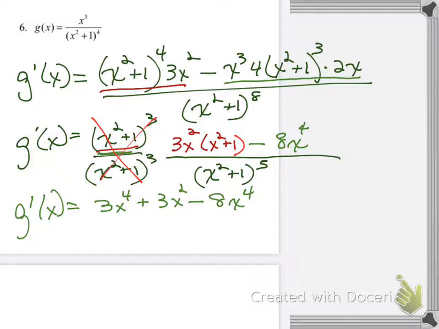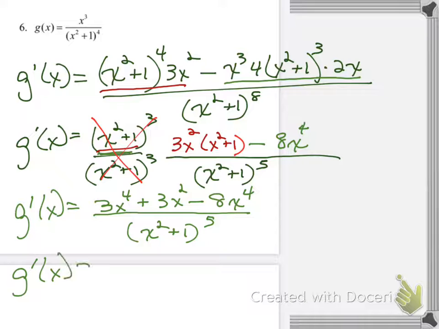Okay, so is that right? Let's see. Yep, it looks good. All over x squared plus 1 to the 5th. And I can combine some things now. So g prime of x equals negative 5x to the 4th plus 3x squared over x squared plus 1 to the 5th.